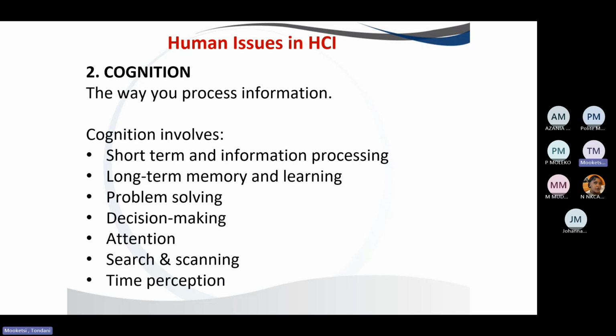Then the next factor is cognition. Remember, we're talking about human issues in HCI. So cognition is the way that we process information. Perception is the way that we detect information using our senses, be it sight, hearing, touch.